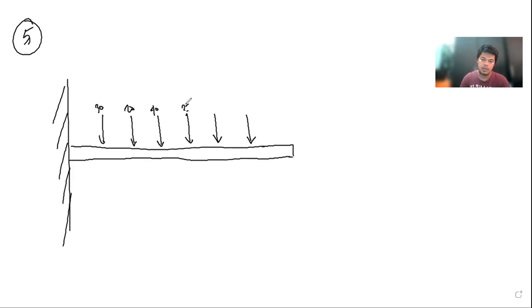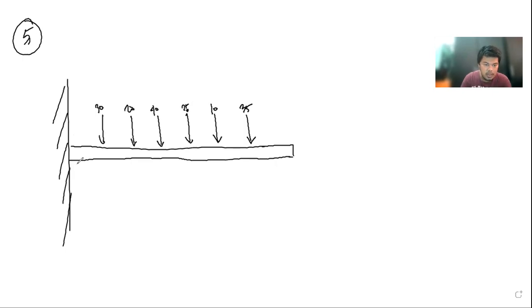The distances of these forces from the wall are given as 2, 3, 5, 7, 10, and 12.